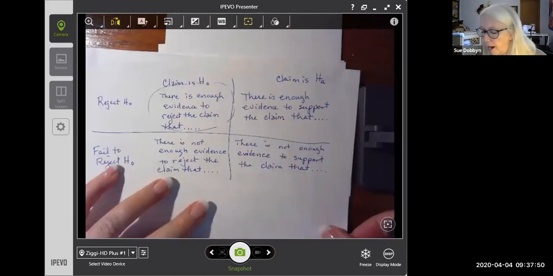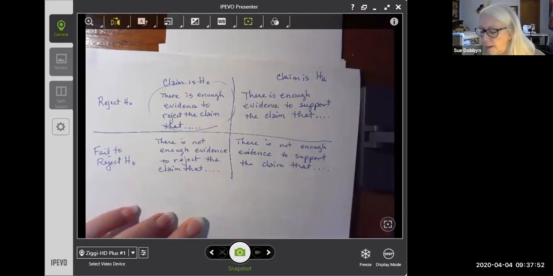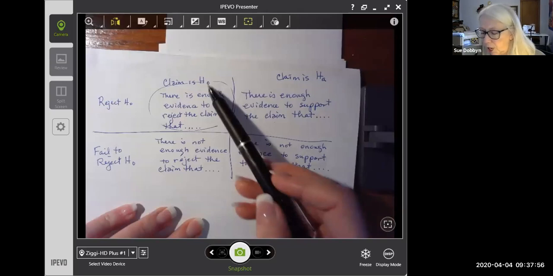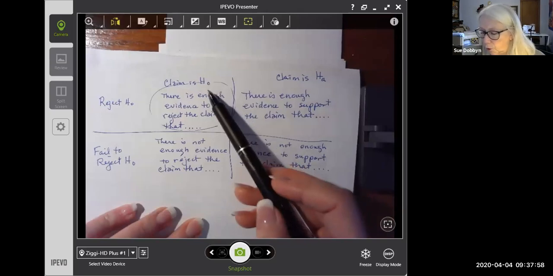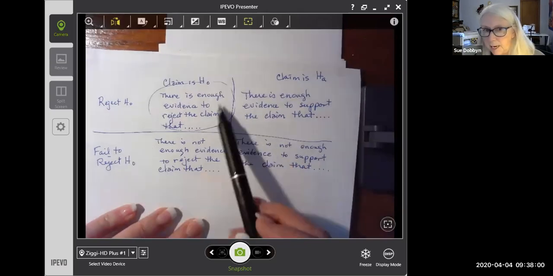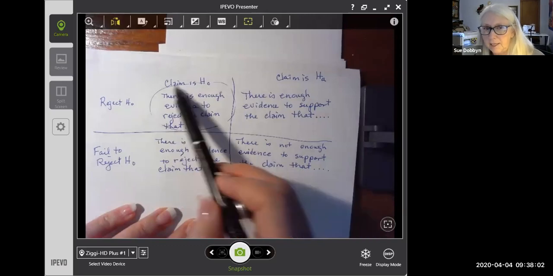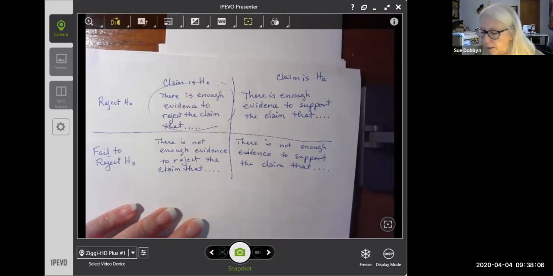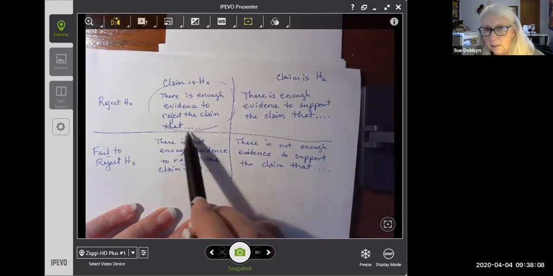So in our case, the claim did become the null hypothesis, and we rejected the null hypothesis, so the wording we want to use is right here, which says there is enough evidence to reject the claim that, and then you have these dots, okay?